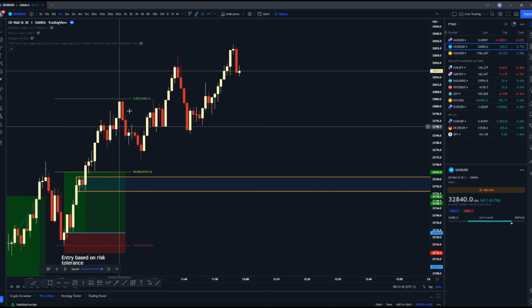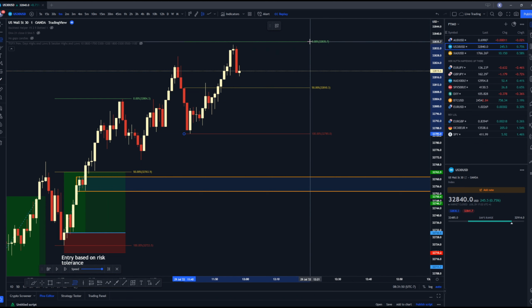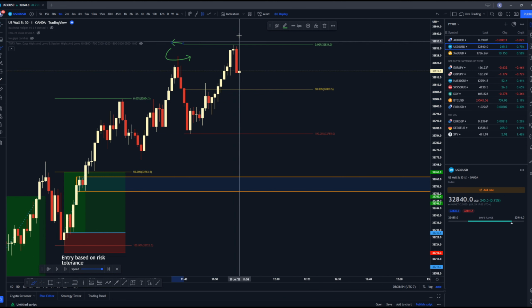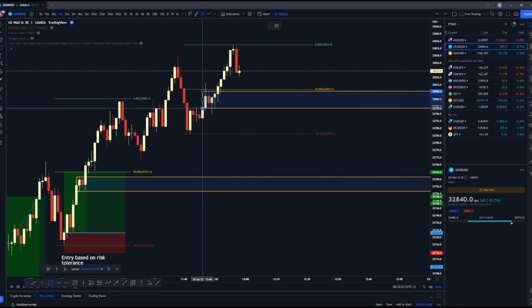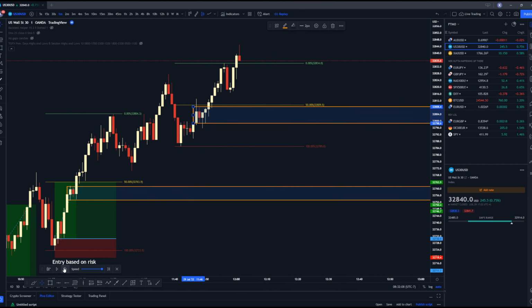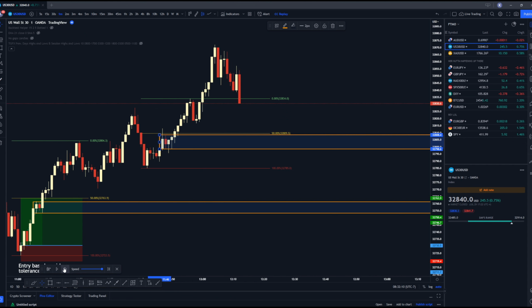So we haven't had any more 50% pullbacks in this, and now this is the new area where the price started pushing. You can see we broke the high right here. Now our new area of demand under 50% will be here, and we push back up.